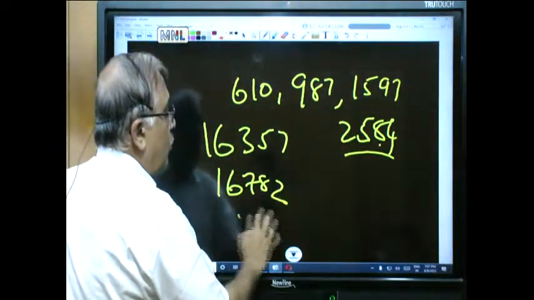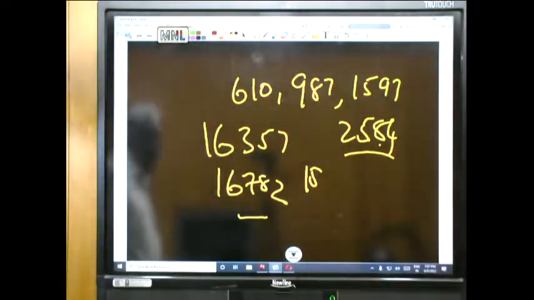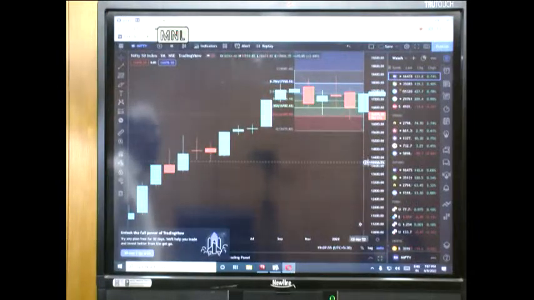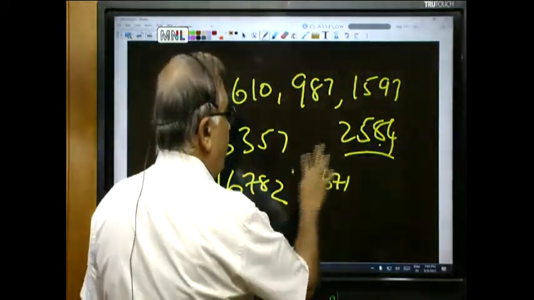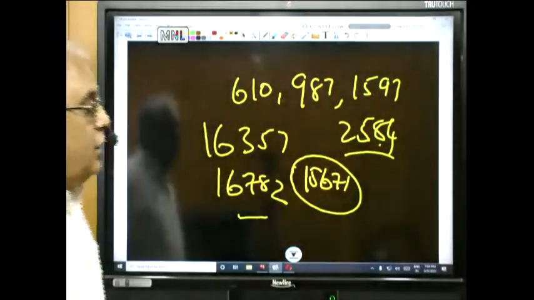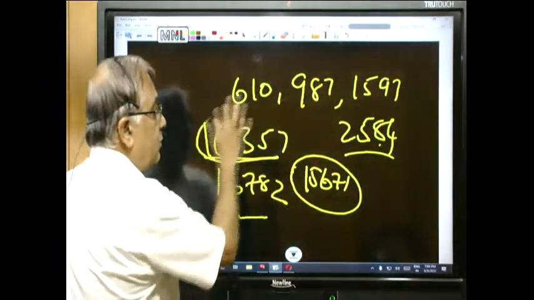The low that we have drawn is from 15,671. That is the low, right? The big low is 15,671. So the 23.5% retracement is 16,357.